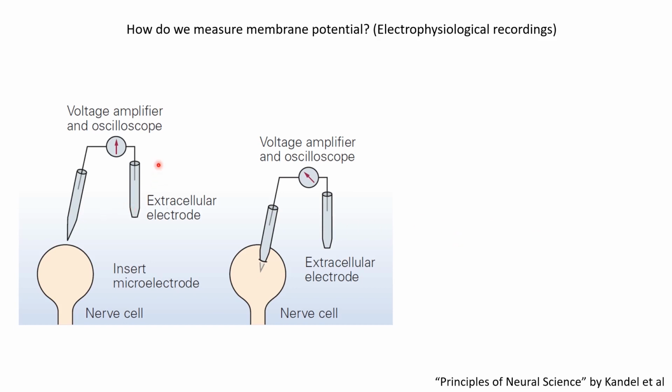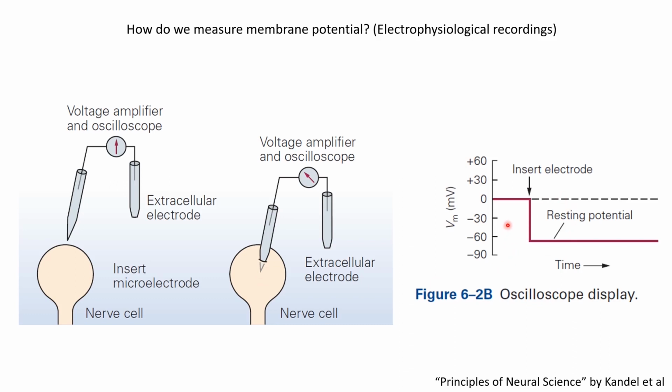Of course, before we put the electrode in, both the reference electrode and the recording electrode are outside in the same medium, so the value observed will be 0. Once we push it in, the voltage we will see will be around minus 65 millivolts. So it is 0 before insertion, and after inserting the electrode it will be a negative value, same as the resting membrane potential.